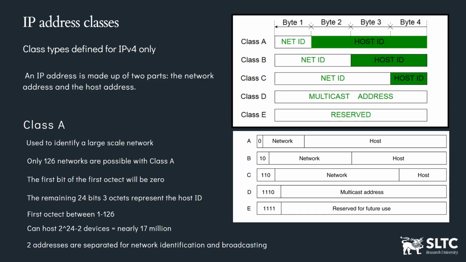A general IP address is made up of 2 parts, right? So it is made up of the network address and the host address. Based on the allocated network address range and the host address range, these classes are defined as a standard, right?